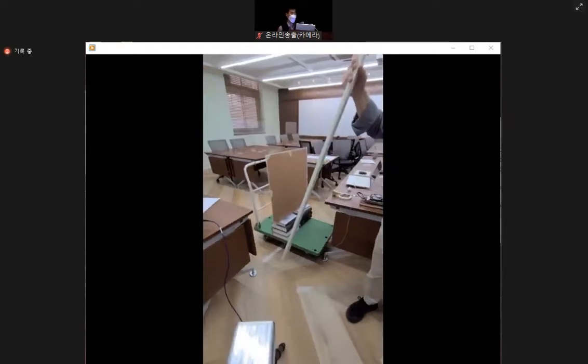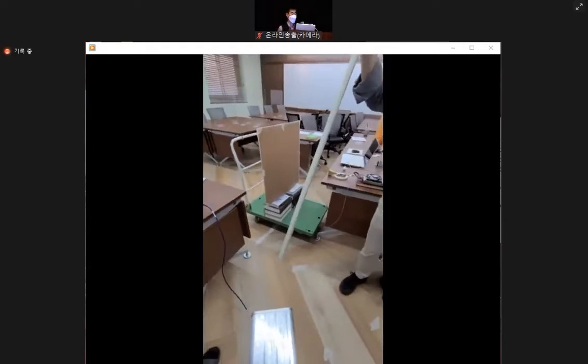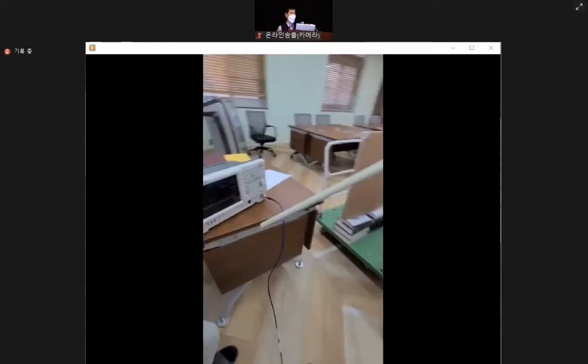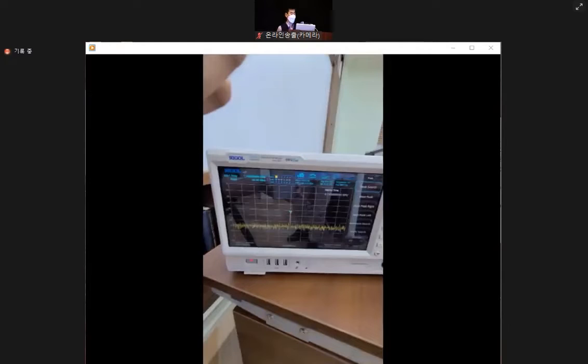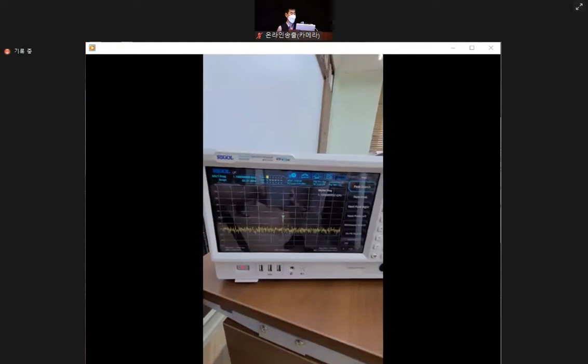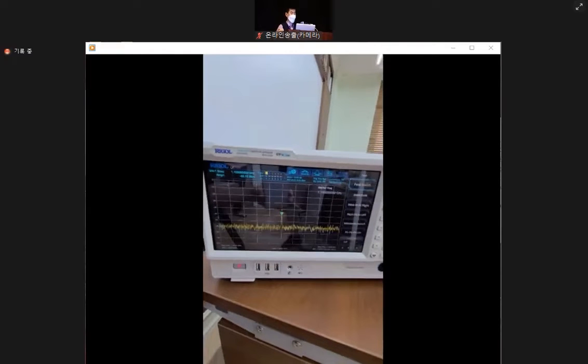We are really wondering what happens to this probe. Let us see the signal strength. That is minus 49 or minus 50 point something dBm.